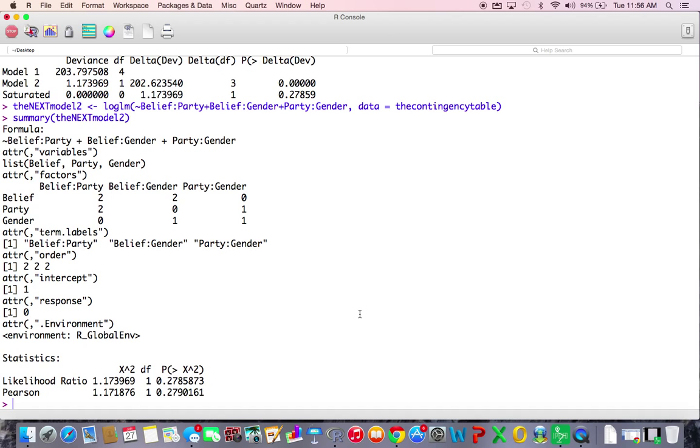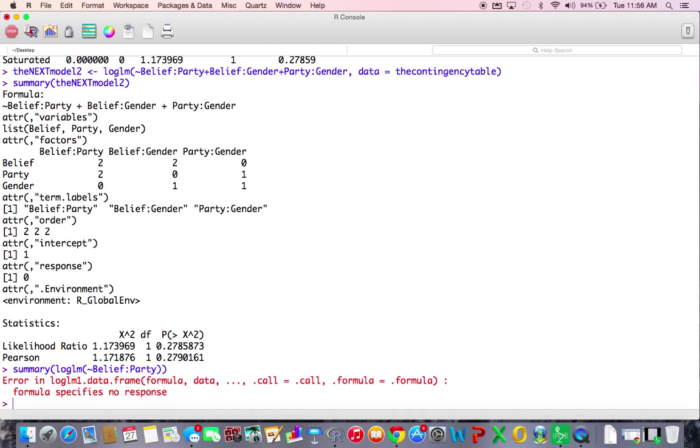So let's take a look at summary of log linear model between belief and party.